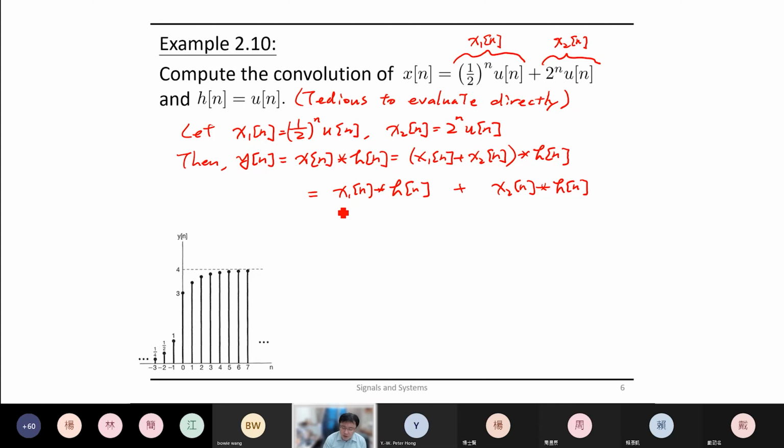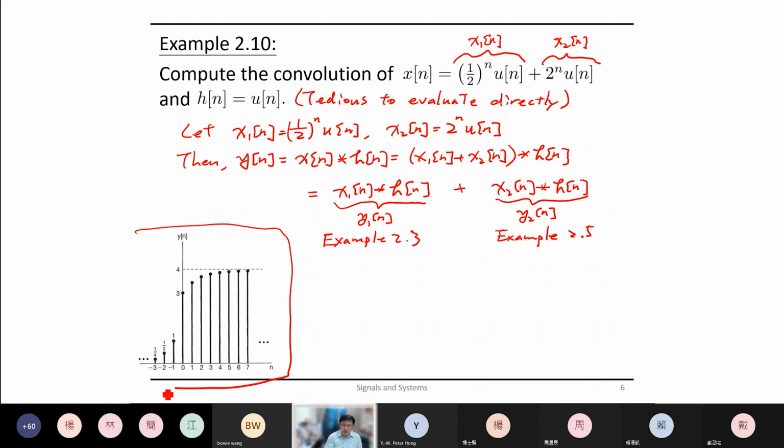So we can first compute this convolution to get an output y1[n] and compute this to get an output y2[n]. This was actually obtained in example 2.3, and this was obtained in example 2.5. So if you go back and look up the result we obtained in these two examples and add them up, you find that this is the final outcome that you would get.